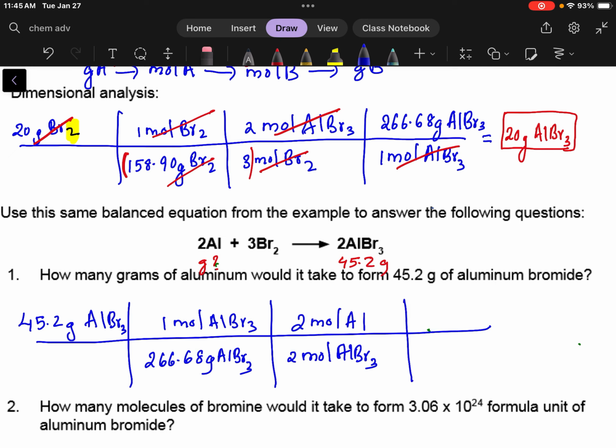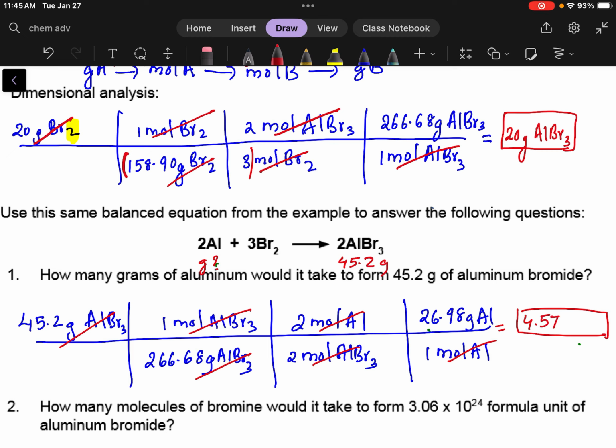Now 1 mole of aluminum, the mass of aluminum, is 26.98 gram. Now cross out moles of aluminum bromide, this is moles of aluminum. Now calculate everything, and you will get 4.57 grams of aluminum.